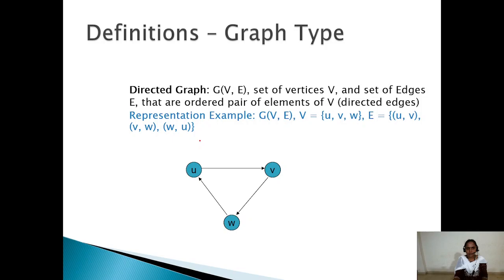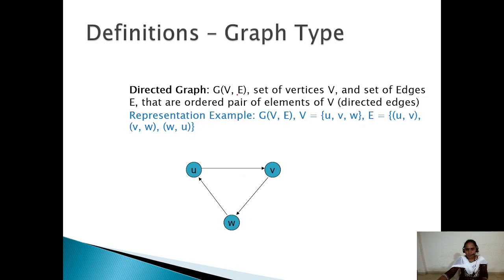Next, definition of graph, already covered. Next, directed graph. You have already seen the undirected graph. Undirected graph means no direction between two vertices.